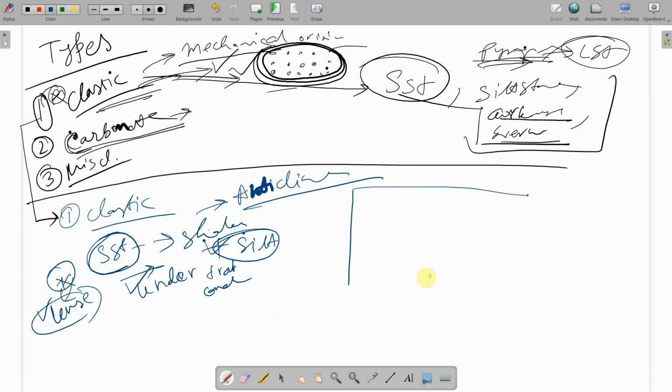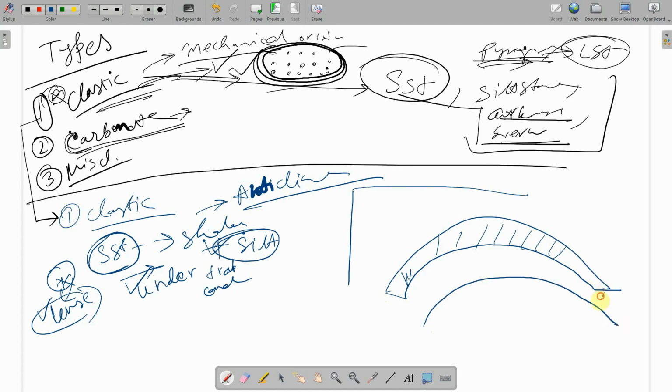So what happened? Let me give you a very brief idea. Suppose the upper layer is impermeable. This is our anticlinal structure, a folded structure. Remember, this layer is also impermeable, and in between them you have the sandstone. So petroleum will migrate, and it may be stored in this position.